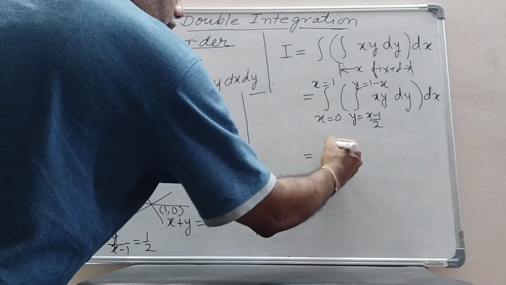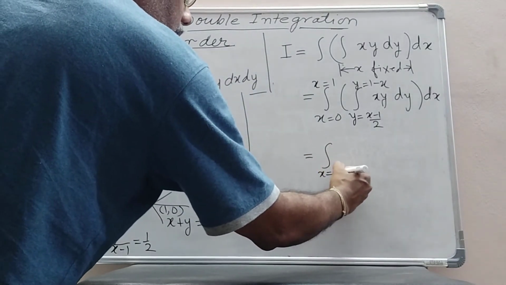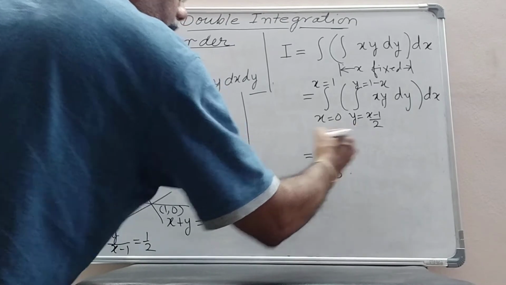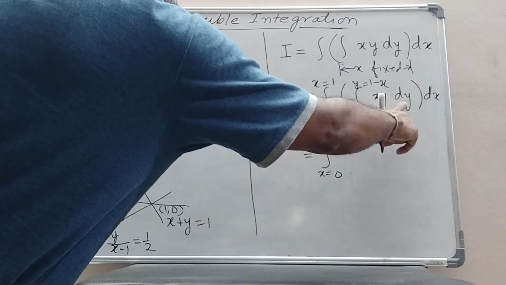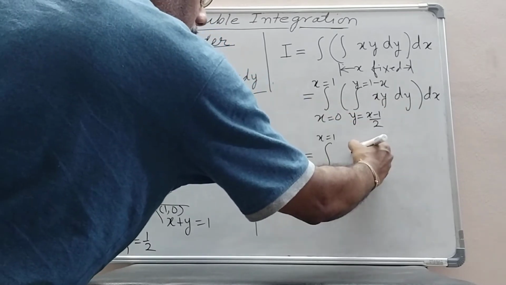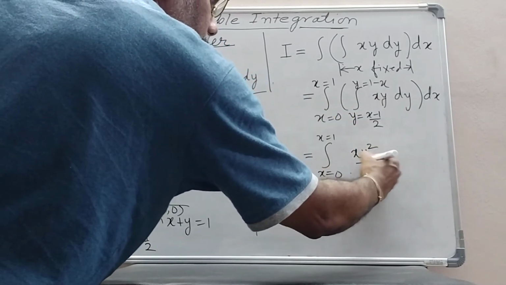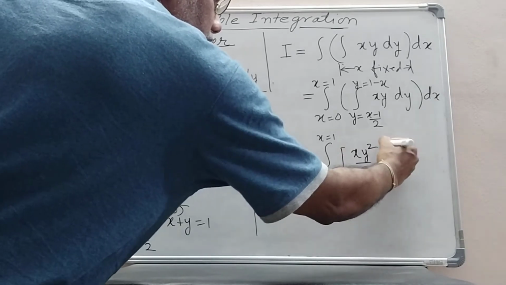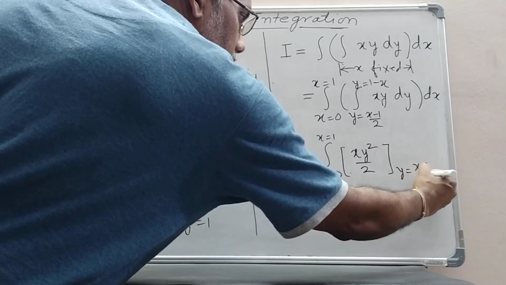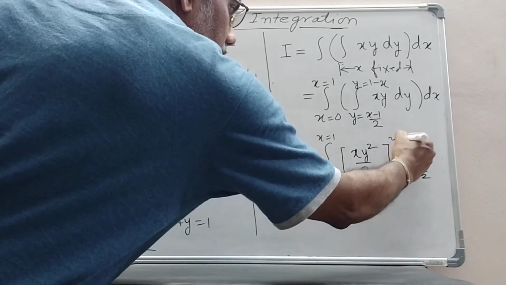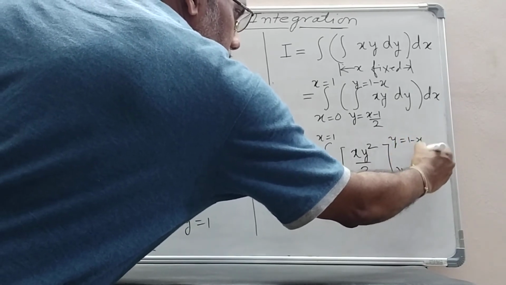This is equal to integral x equal to 0 to 1. So I integrate with respect to y, treating x constant. So what I have is x y square upon 2, and the limits will be y equal to (x minus 1) by 2 up to y equal to 1 minus x, dx.